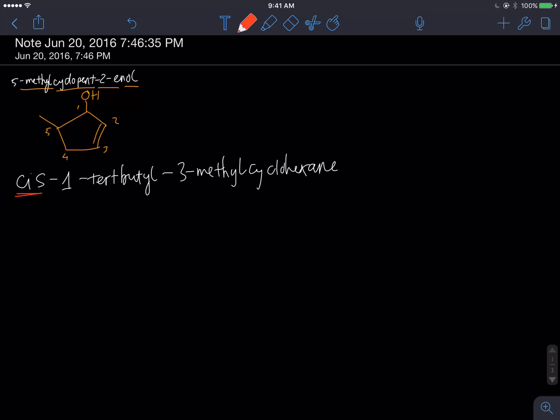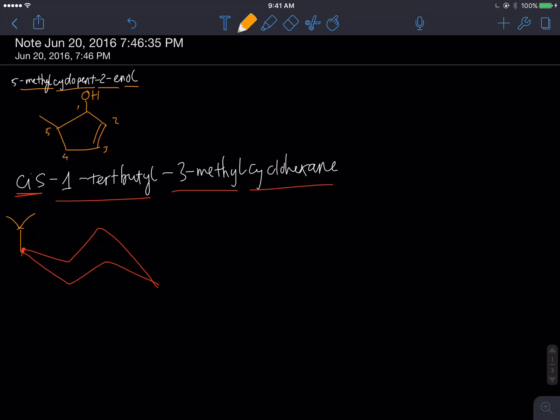Cis means one, like in the chair conformation, cis means they are both on the same side. Okay, 1-tert-butyl-3-methyl cyclohexane in a chair conformation. I prefer this one first, so I put this one at number 1 right here. 1-tert-butyl, just make it up.